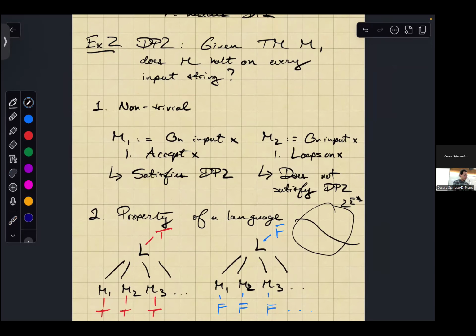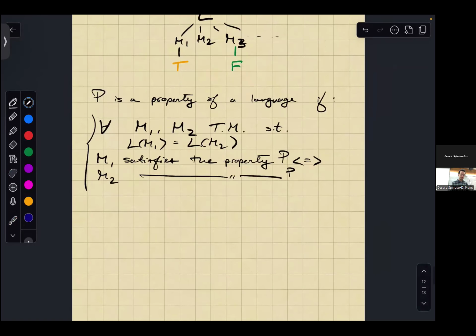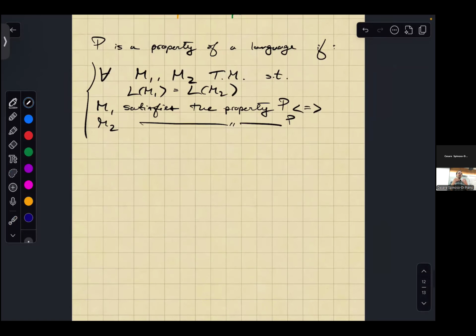Well, it turns out that in this case, this is a property which is actually implementation specific. So why do I say this? Because let's consider the language which is the empty set. I'm going to create 2 Turing machines that both recognize the empty set, but where one satisfies the property and the other does not.